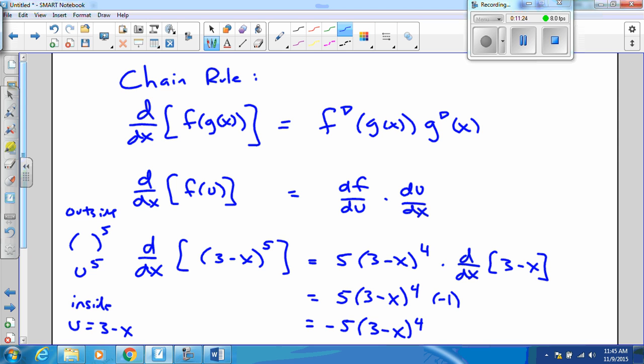So coming back to here, my f of g of x was 3 minus x to the 5th power. And so from my form, first I'm going to find f prime. What was my f? My f was splat to the 5th. So its derivative would be 5 splat to the 4th. I'm just looking at this part right here for now.